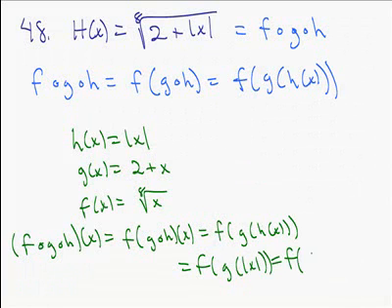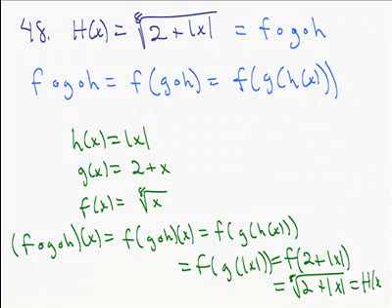So that's going to be 2 plus the absolute value. And now we're taking f of all this. Well, f says to take the 8th root of whatever you put into it. So it's the 8th root of 2 plus the absolute value of x, which is our original function, capital H of x. So there's composition of functions, and I think that should be enough information to get you going on your homework 1.3.